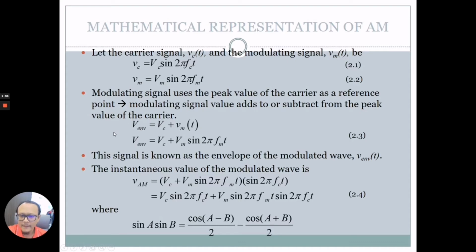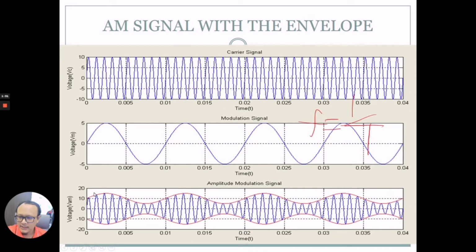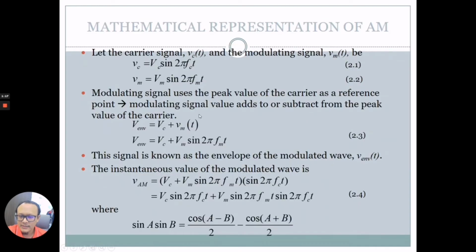Because the voltage of the modulating signal, VM, is referring to the peak of the carrier signal, VC, that is why equation 2.3 is represented.